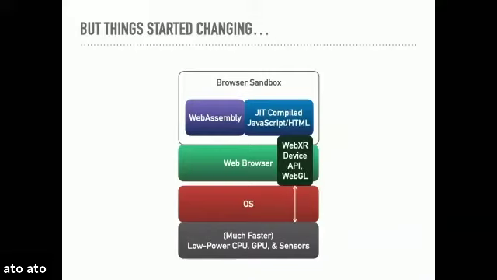We started seeing the performance of web apps improve significantly, so that JavaScript was no longer just interpreted. Just-in-time compilers and JavaScript engines like V8, as well as innovations like WebAssembly, allowed the performance of web apps to fall just shy of native apps.